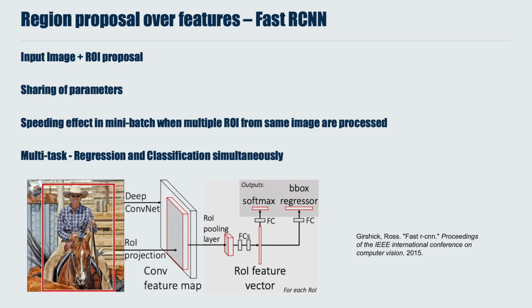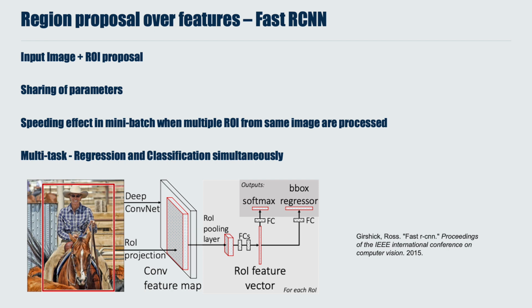So then Fast R-CNN is slightly different because in that case they again take their input image and region proposals like before, but this time they apply their convolutional network to the full image with the box inside.